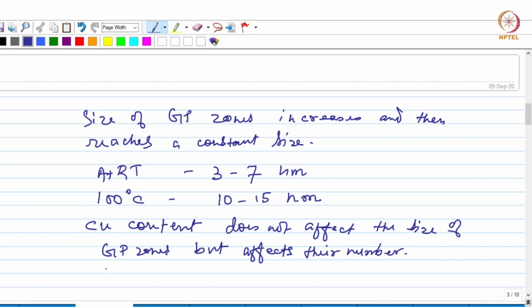For example, with 4% copper, the number of GP zones is in the range of 10 to the power 14 to 10 to the power 15 per millimeter cube.